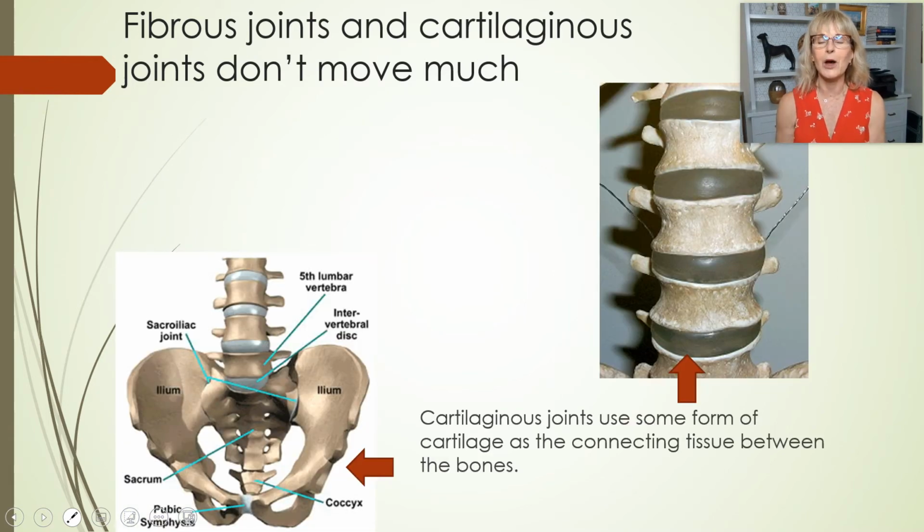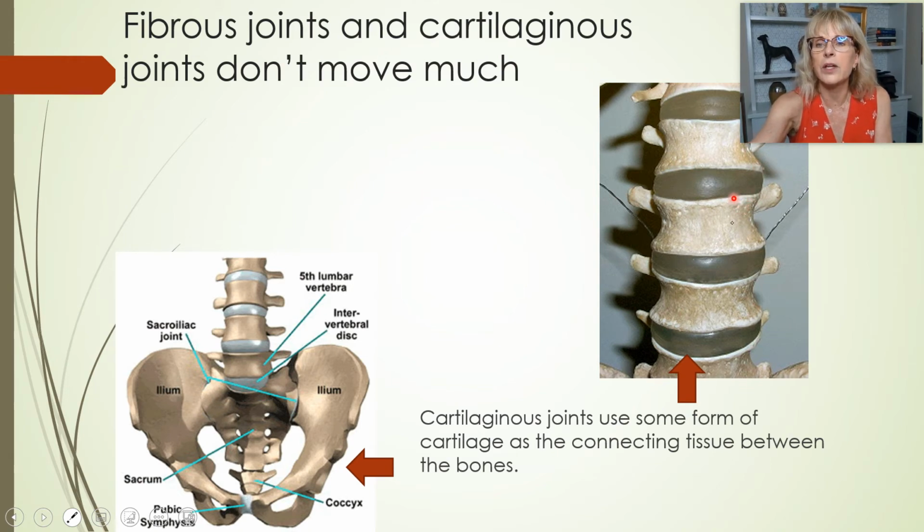Let's talk about cartilaginous joints. Cartilaginous joints will use a little bit of cartilage, very often fibrocartilage, to connect the two bones. So here we have one vertebra, the body of a vertebra, and there's the next one above it. At the end of this bone, there's some hyaline cartilage, and at the end of this bone, there's some hyaline cartilage.